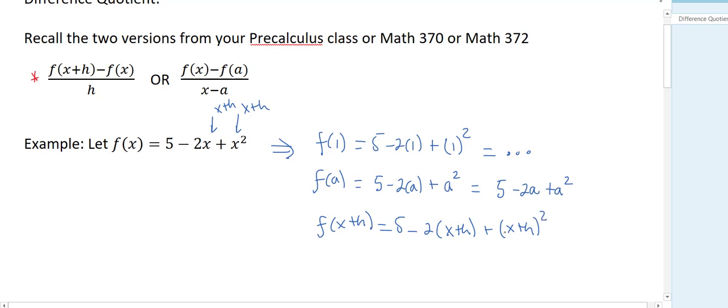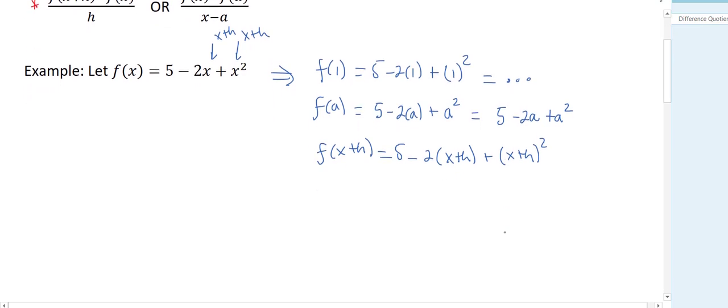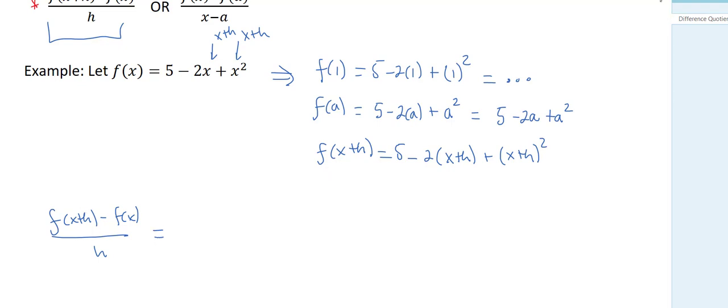That's what that means. So let's go back to the first version we said we'd use. In simplifying f of x plus h minus f of x all over h, I'm going to have f of x plus h, which we just found. And of course you can simplify this, so I'll simplify it as I rewrite it over here.